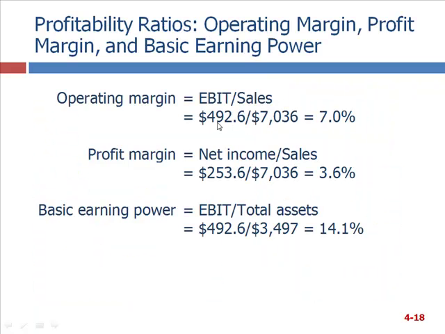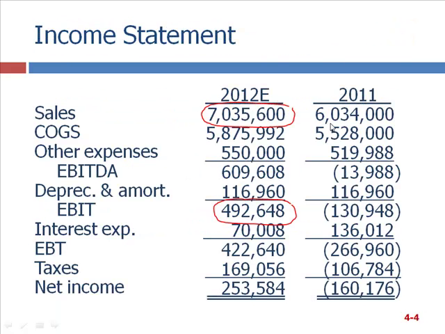We take EBIT and we divide by sales, those two numbers I just mentioned, although these are in thousands. If you divided those two numbers, you would get 0.07 on your calculator, or 7%. And that tells me that looking at the income statement, for every dollar of sales that I start with, by the time I get down to operating income here, 93 cents on the dollar has been lost to expenses.